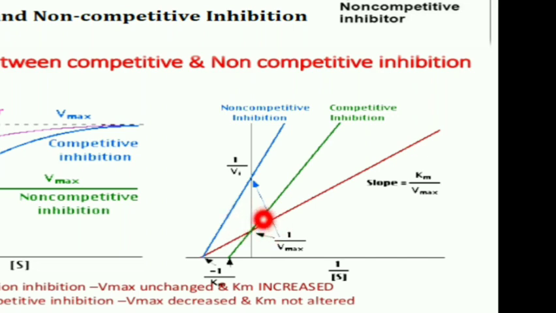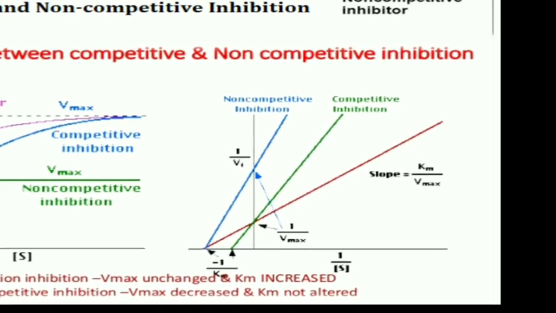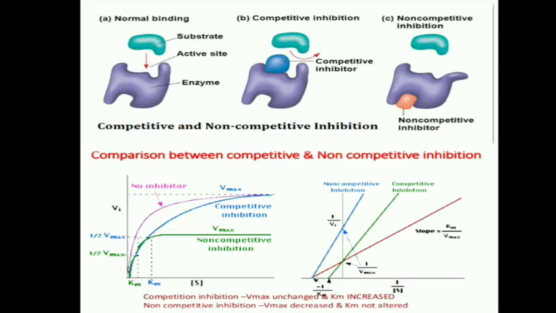But in the case of non-competitive inhibition here, we can see the value of 1 by V has been increased. That means the value of Vmax has been decreased and the value of -1 by Km has remained unchanged. So this is what I have told you in the previous slides too.